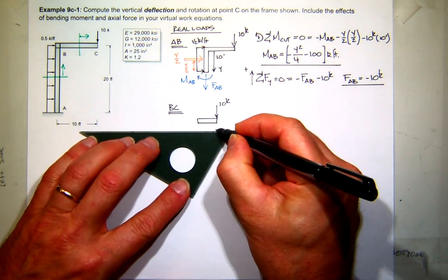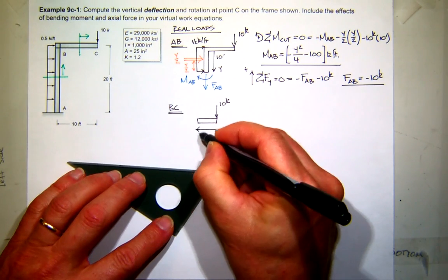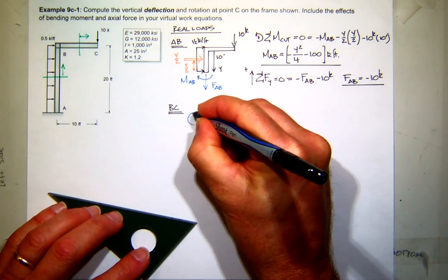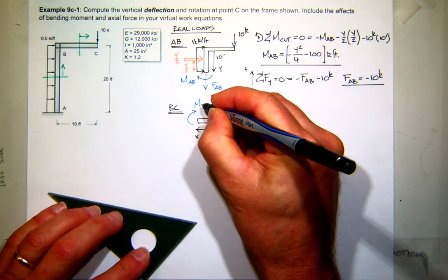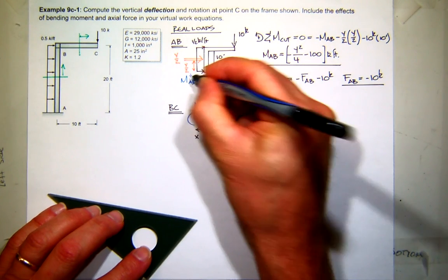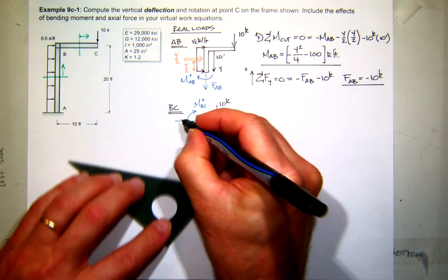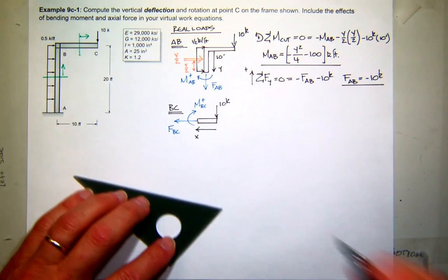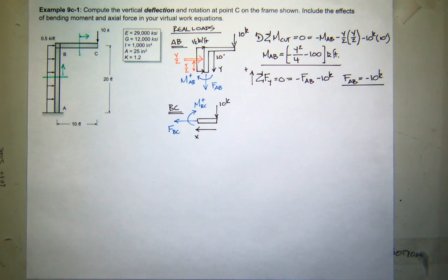I'm going to measure it in this direction and call it X. Internally here, I'm going to assume my moment from BC is positive in this direction, and then my force is positive in this direction. That looks pretty good. I didn't leave anything out, I think.